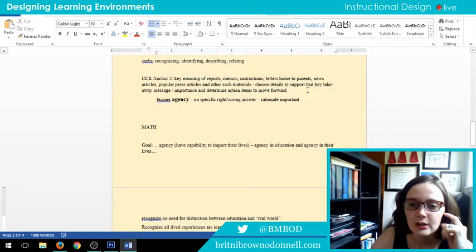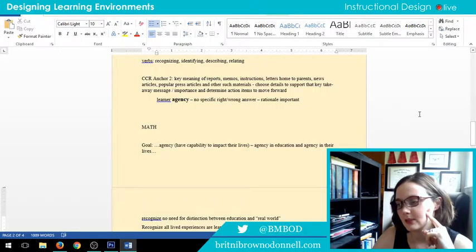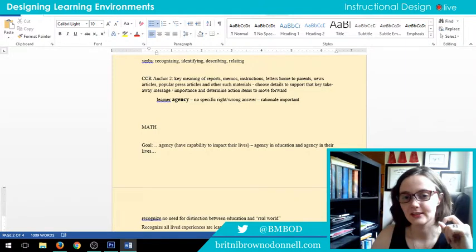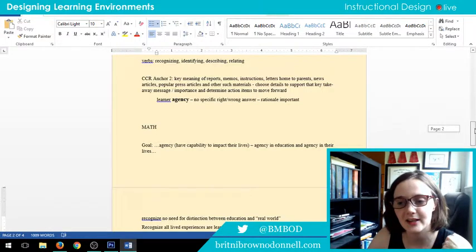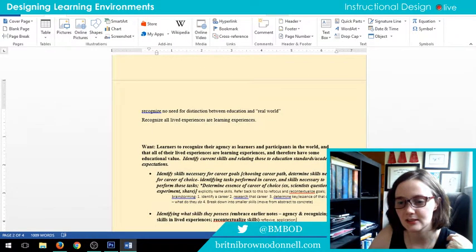I just wrote the gist of what I was taking from it, but it was basically comprehension and then determining items to move forward. So that's also a key part of communication, is deciphering those skills. And that, I think, relates back to what I was working on last time with identifying skills.